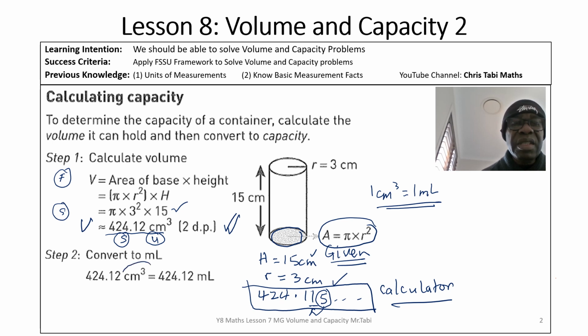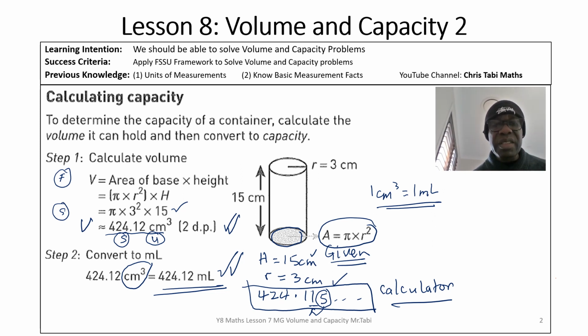So instead of cm cube, we will have milliliters. That's our final answer because the units are basically the same, the cubic centimeters and the milliliter.